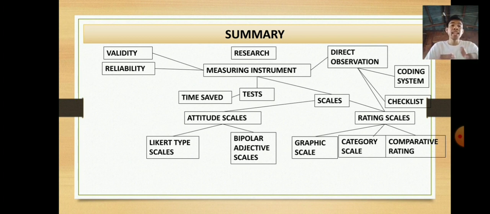So, makikita natin dito sa scales, may attitude scale which is the Likert type scale and the bipolar adjective scales. Sa rating scales naman, which is yung Rapid scale, category scale, and comparative scale. So, sa measuring instrument, which is direct observation, mayroon tayong coding system, checklist, and the rating scale. So, sa measuring instrument, meron din tayong tinatawag na contrived observation.